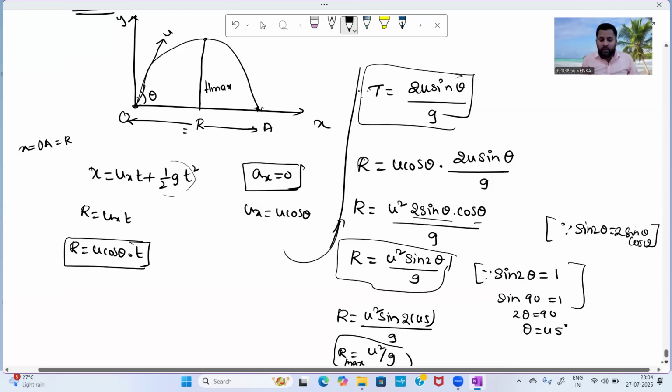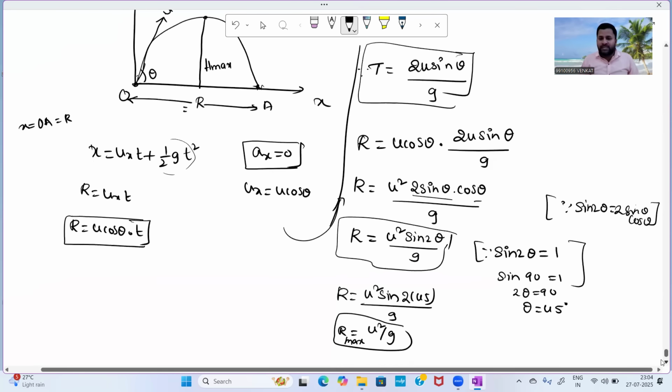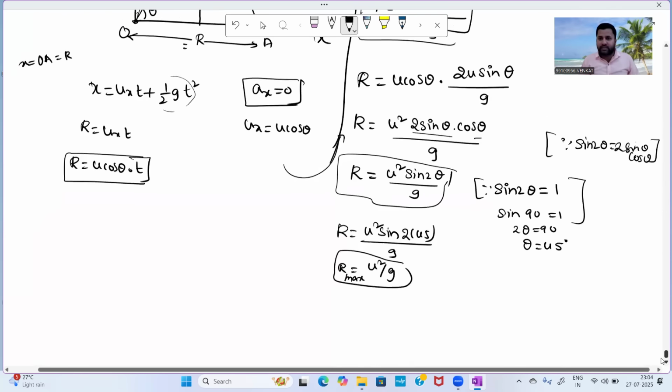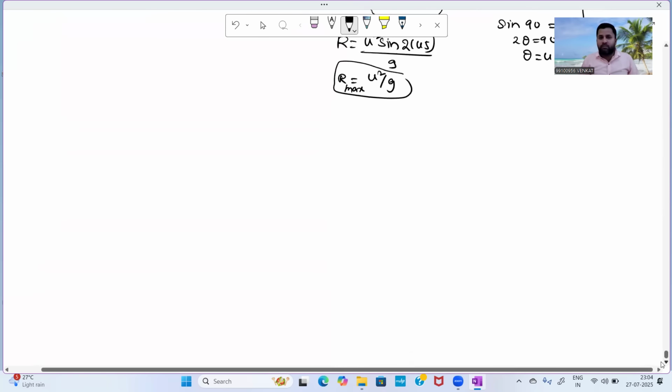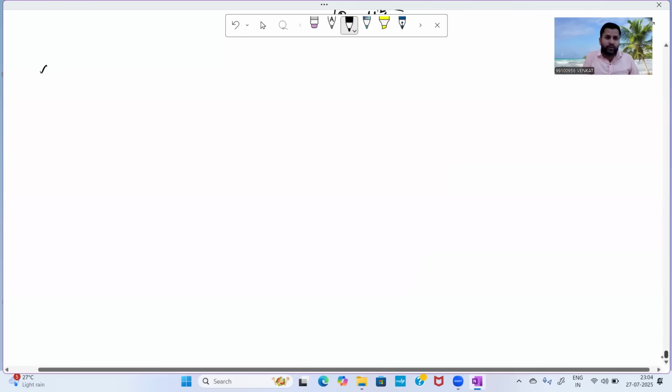Clear? Is it clear, everyone? Got it? So these are the maximum height, range, time of flight and path of the projectile. Some applications we can discuss today.